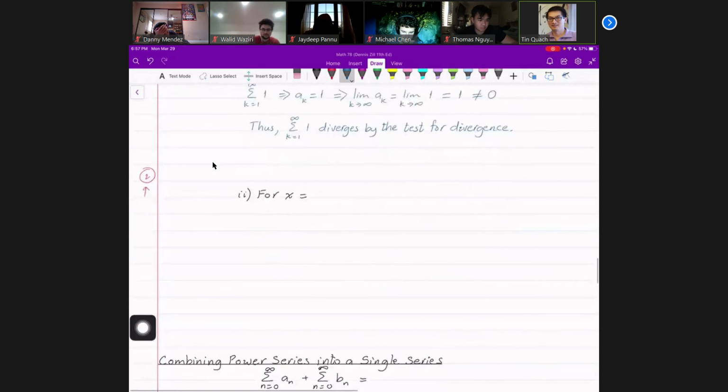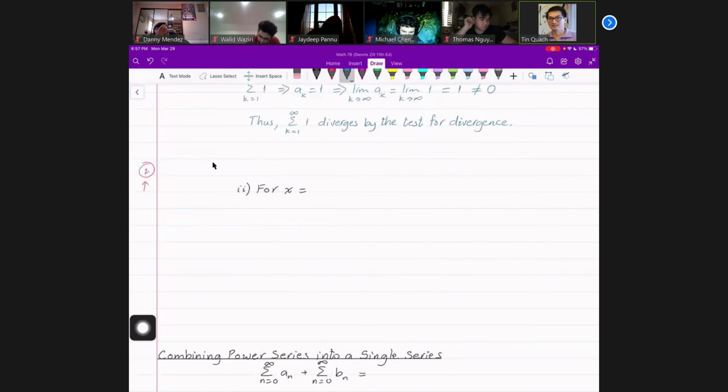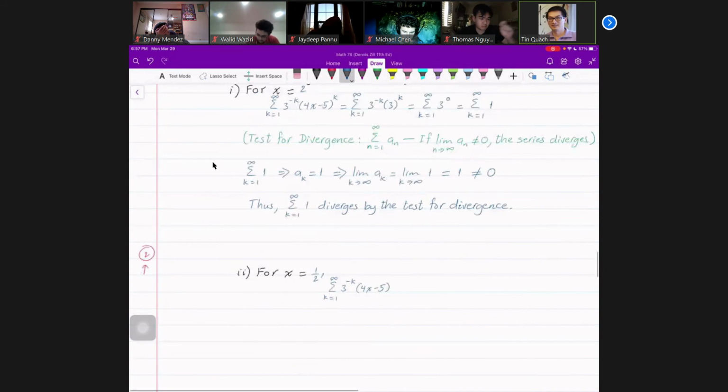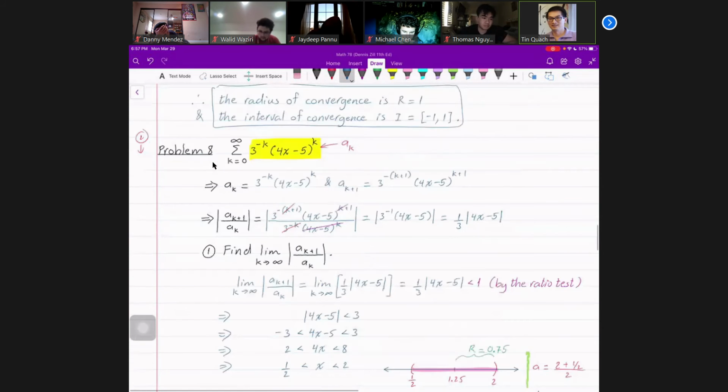So when x is equal to 1/2, that's right over here. So the series k equals 1 to infinity of 3 to the negative k, 4x minus 5 to the k.